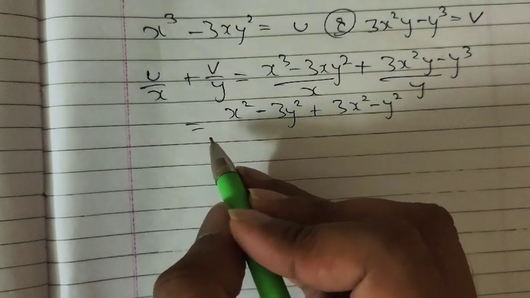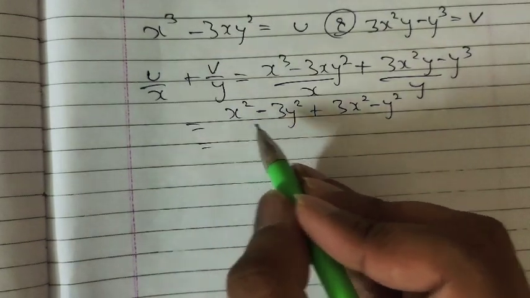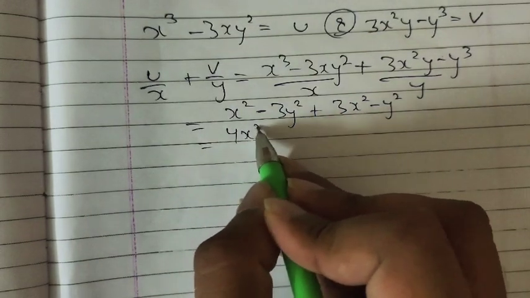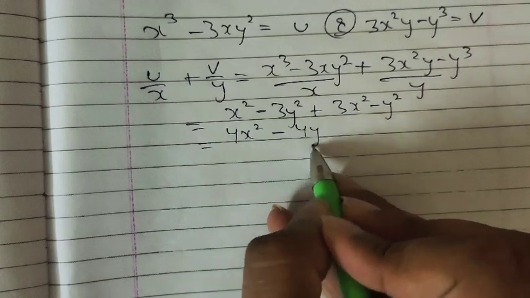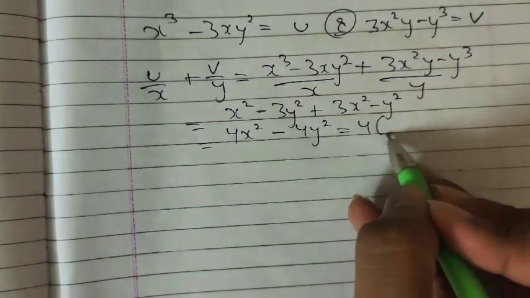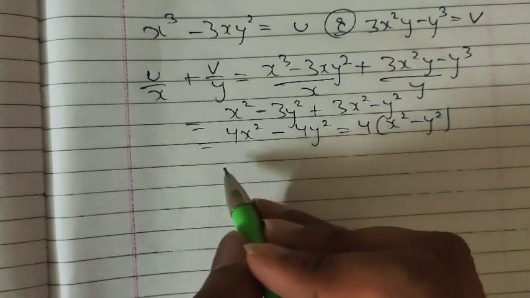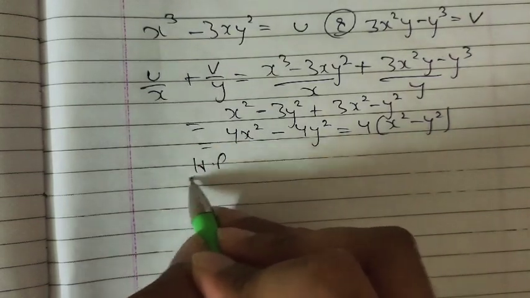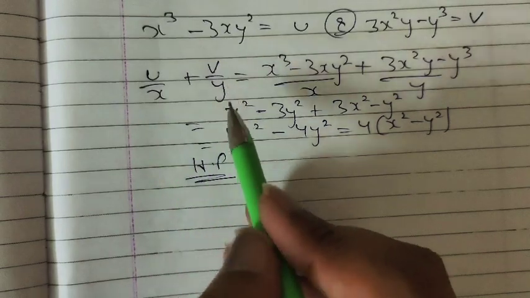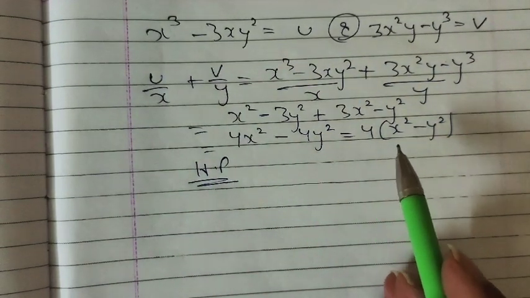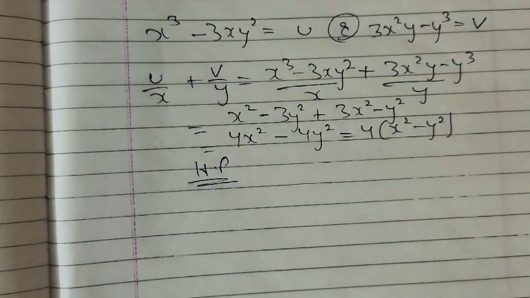So that will be equal to x square plus 3x square, 4x square, minus 4y square, taking 4 common, x square minus y square. So this is what we have to prove, so hence proved. So u upon x plus v upon y is equal to 4 (x square minus y square). So this is our answer of question number 16.